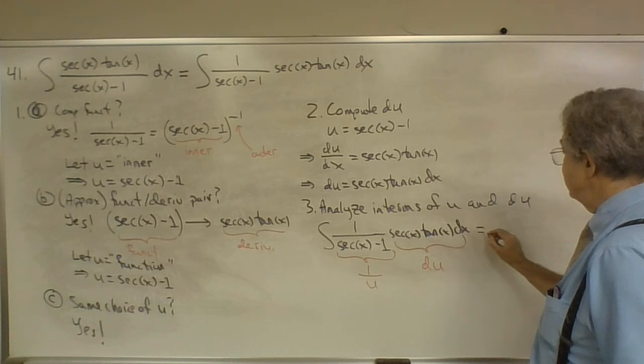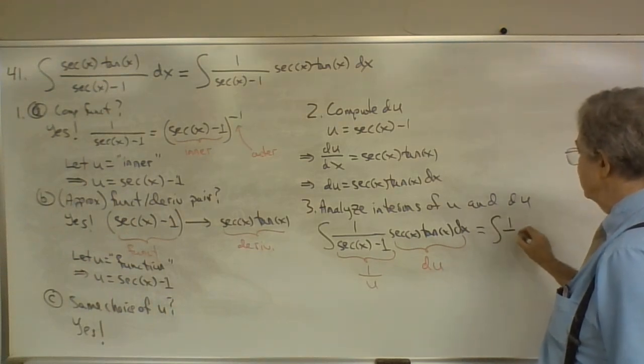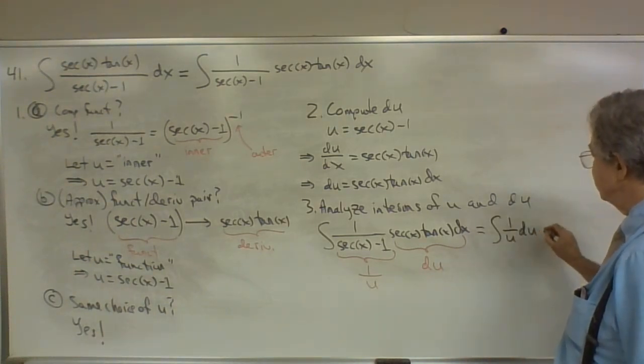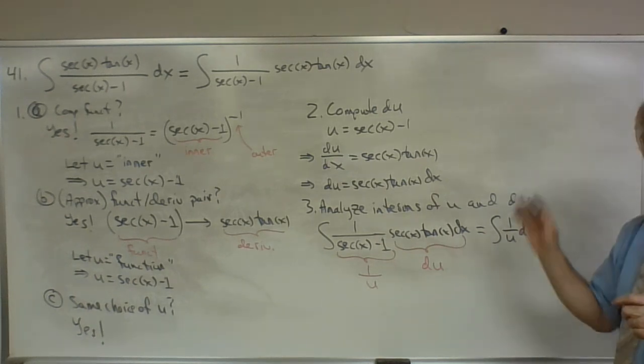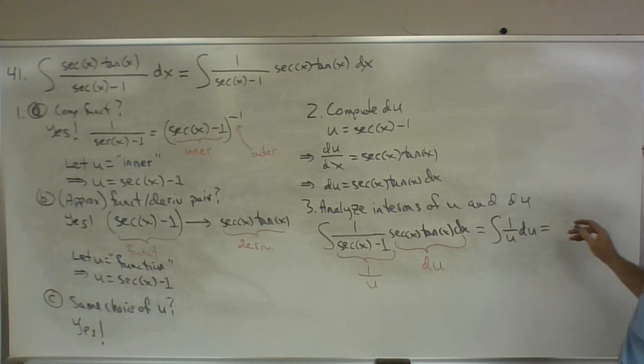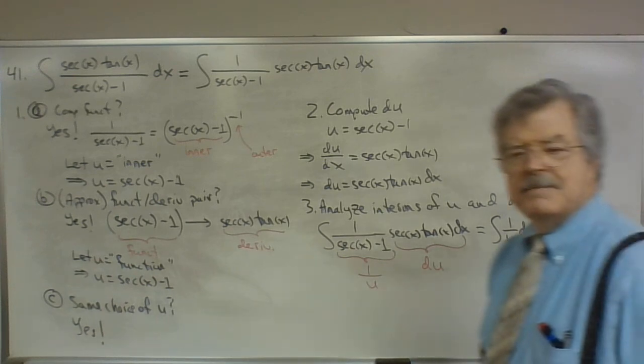So we have the antiderivative of 1 over u du. And this is a known form. Let's not bother with step 4 and so forth. We know what this is. This is natural log of u plus c. So we'll do our final step as soon as I clear some space from the board.